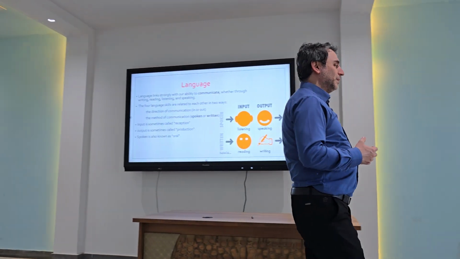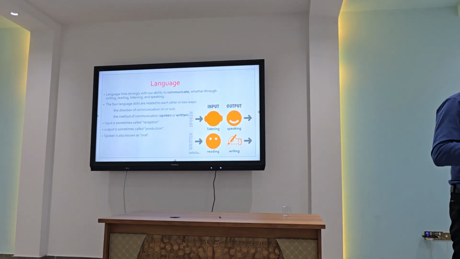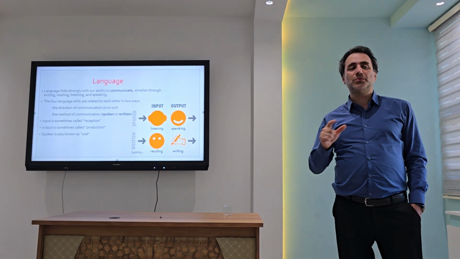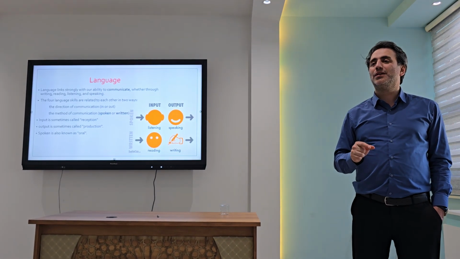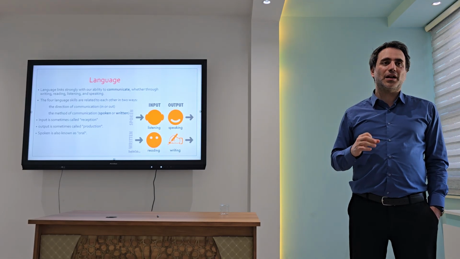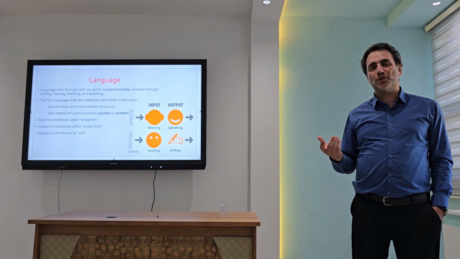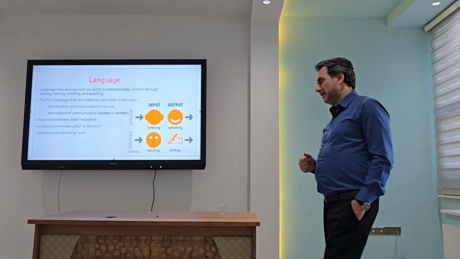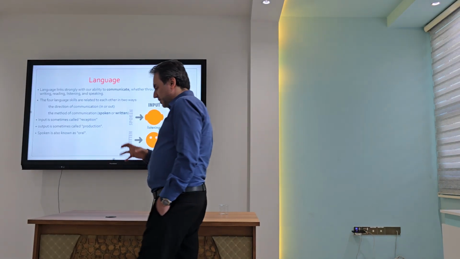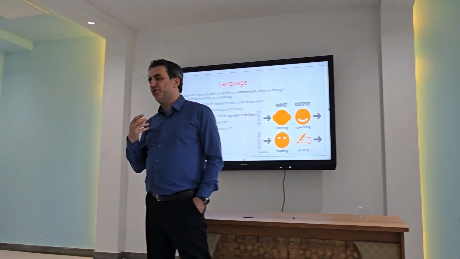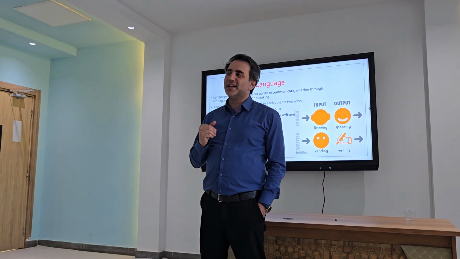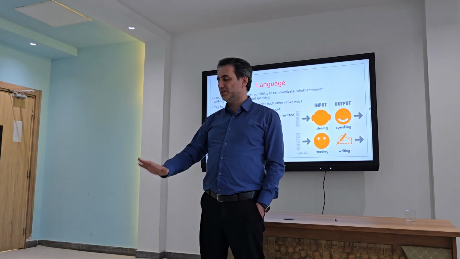Because they send some signals and disturb your attention. And when you have disturbance in attention, you cannot memorize, you cannot record. The most important strategy for empowering the memory and learning skills is decreasing anxiety.